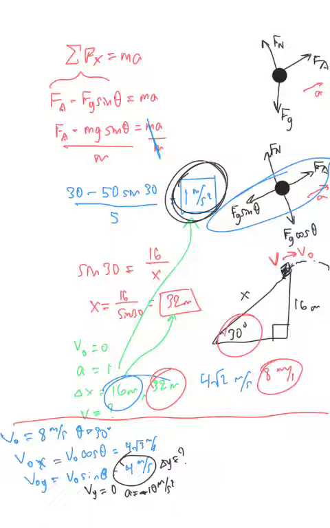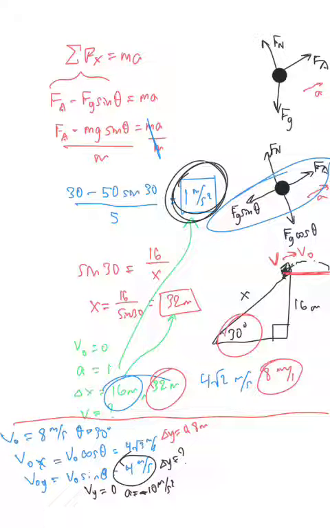So with these 4 variables, the initial velocity, the final velocity, the acceleration, and the delta y, use the last kinematics equation, and if everything's done right, you should come up with a delta y that is equal to 0.8 meters. So the box goes 0.8 meters above the point where it was released.